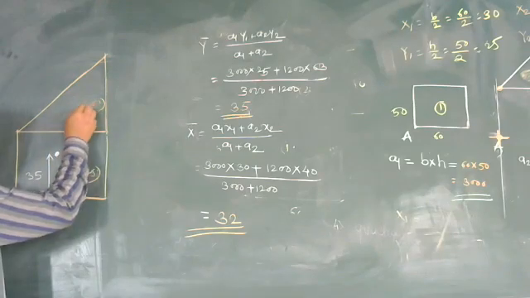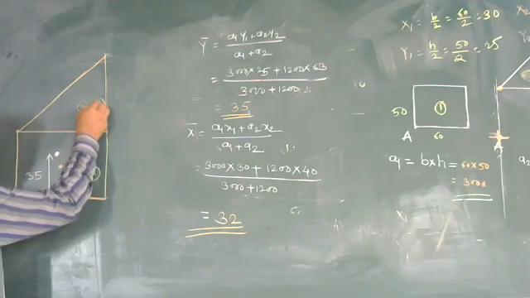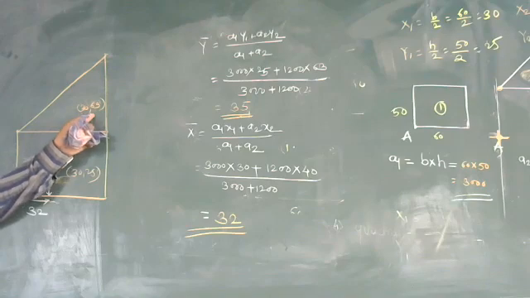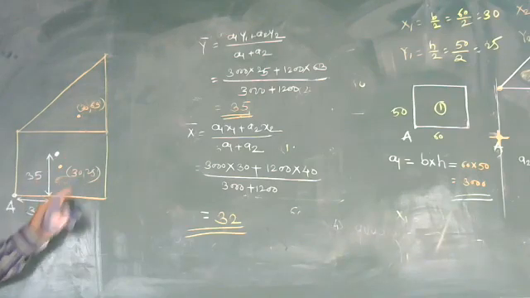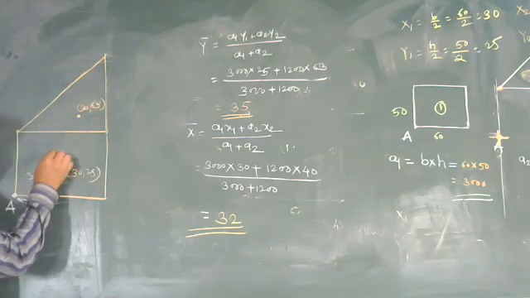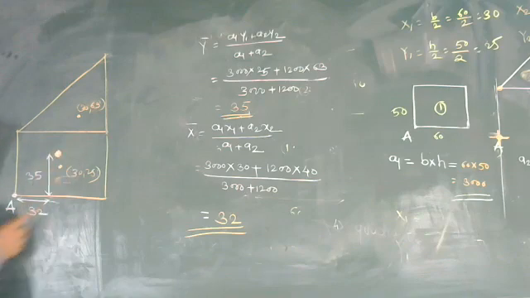It is 30 and 63. The triangle's centroid was at 30 and 63. The rectangle's centroid was at 30 and 25. But where will the centroid of this complete structure be? It will be situated at horizontal distance 32 and vertical distance 35.